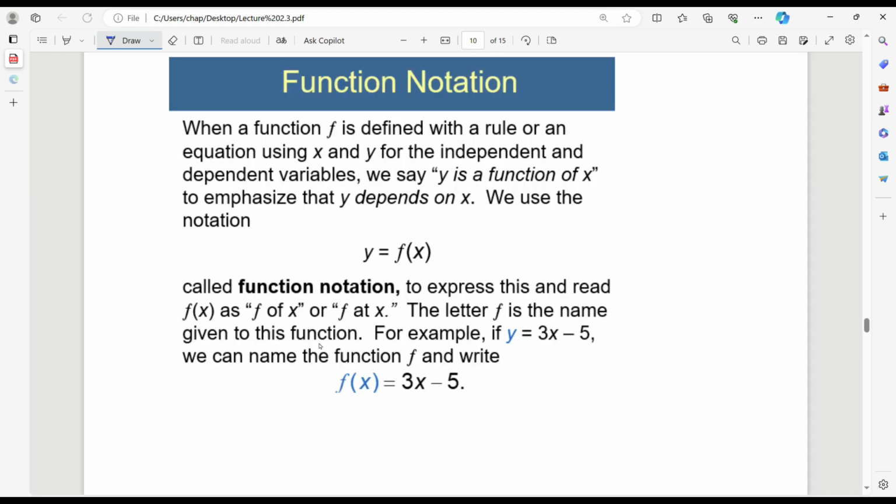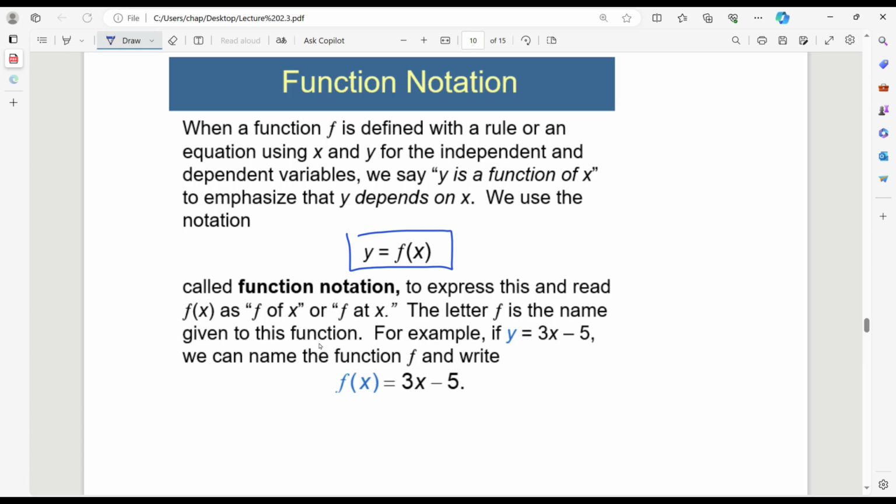A function f is defined with a rule or an equation using x and y for the independent and dependent variables. We say y is a function of x to emphasize that y depends on x. We use the notation y equals f of x, called function notation, to express this, and read f of x as "f of x" or "f at x."